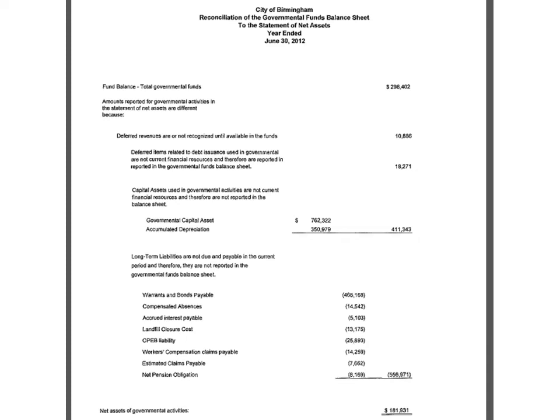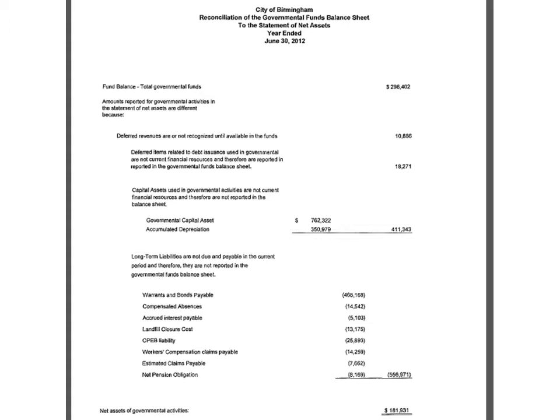Then here is the statement that I was referring to earlier, which is required, which is reconciling the total fund balance from all the governmental funds to the net assets of governmental activities that is found on the government-wide financial statements, the government-wide balance sheet, if you will.